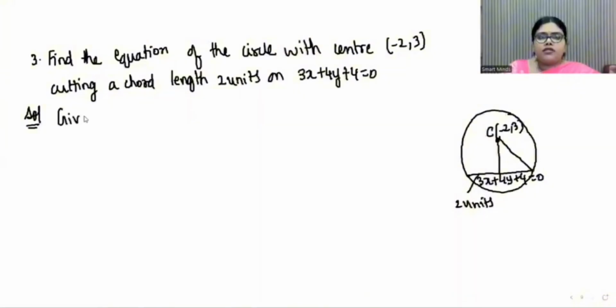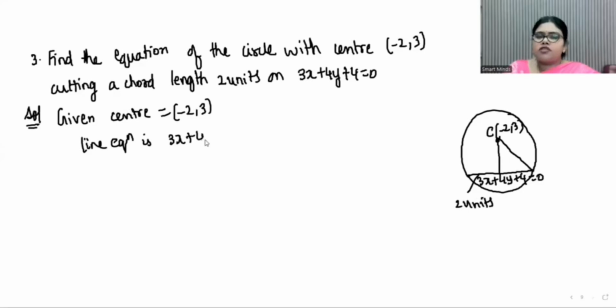Now first what is given to us? Given center is minus 2, 3. And line equation is also given to us. Line equation is 3x plus 4y plus 4 is equal to 0. So from here A is 3, B is 4 and C is 4.